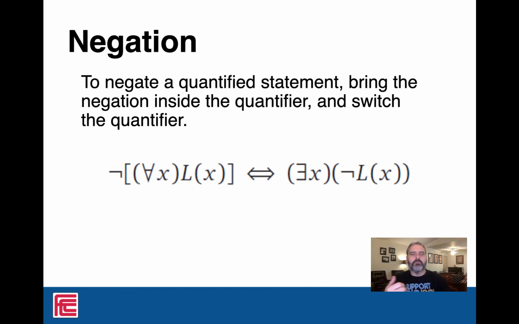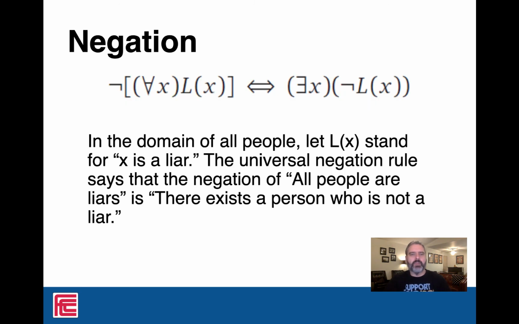So let's look at an actual example because I think it'll be a little bit better. In the domain of all people, let L(x) stand for x is a liar. So if you have the property L, you are a liar.